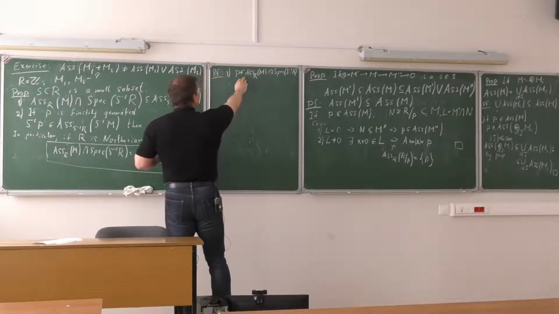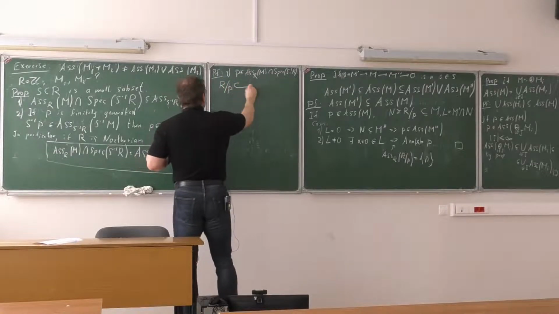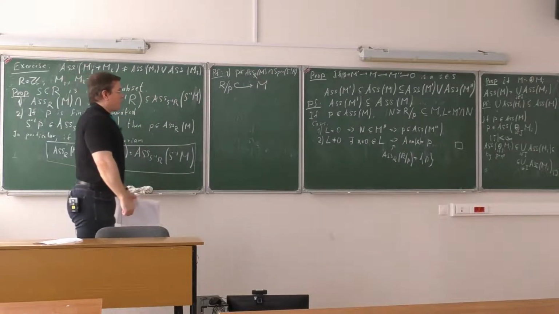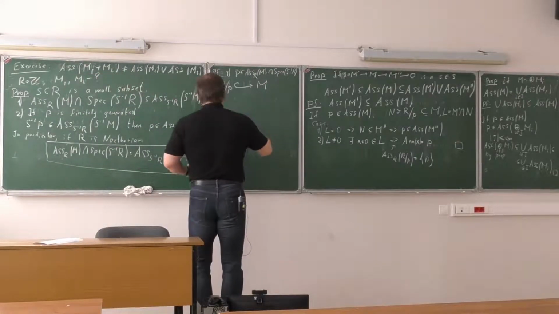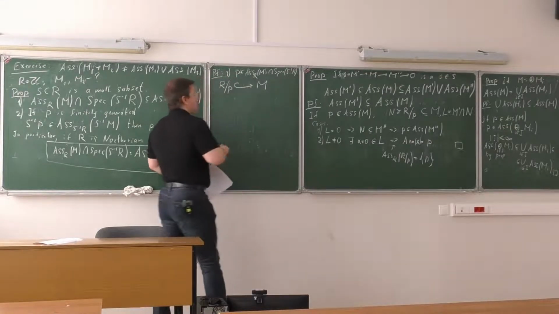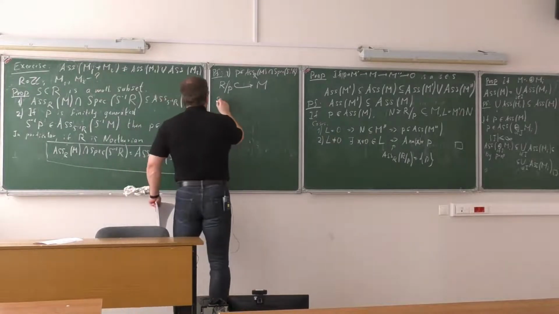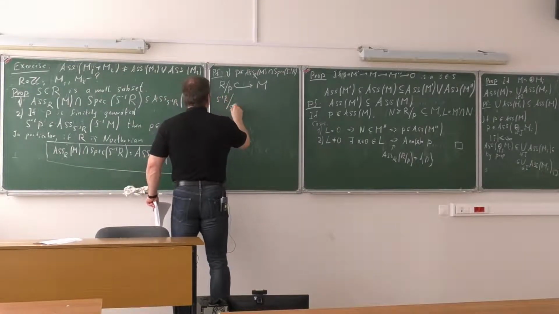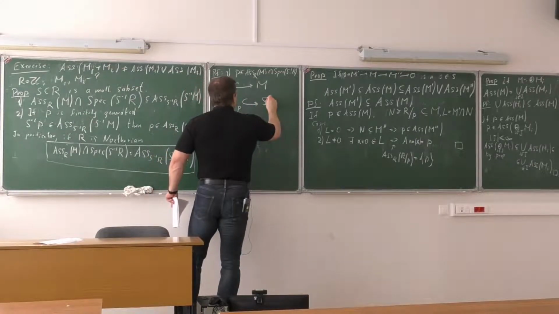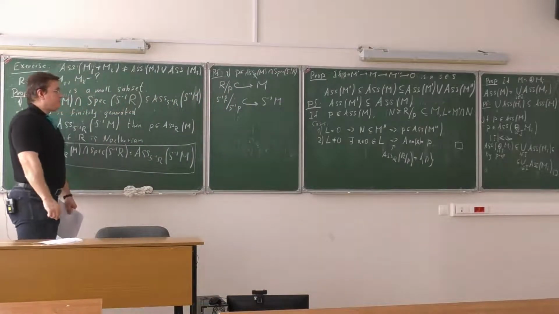Well, since this is associated, I can say that R modulo P is embedded into M. So then what we do, we just localize this at S. Since the localization preserves the exactness, in particular it preserves the injective maps, I'll get S inverse R modulo S inverse P is embedded into the S inverse M. So this is by the exactness of the localization.